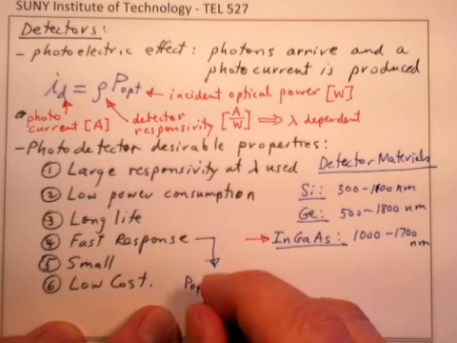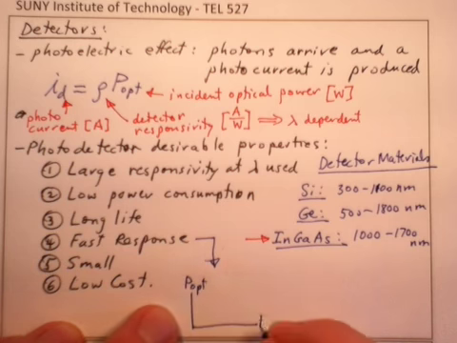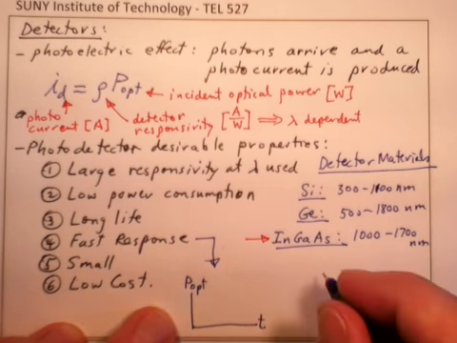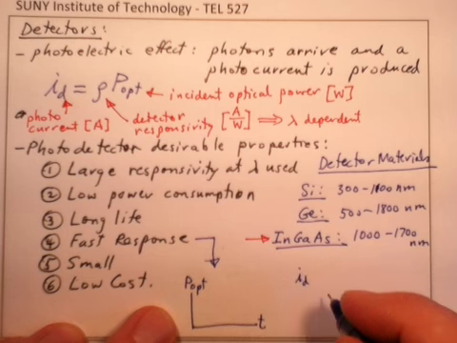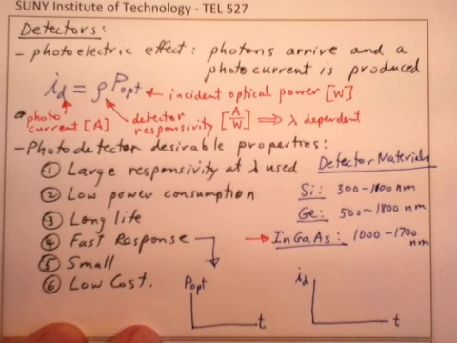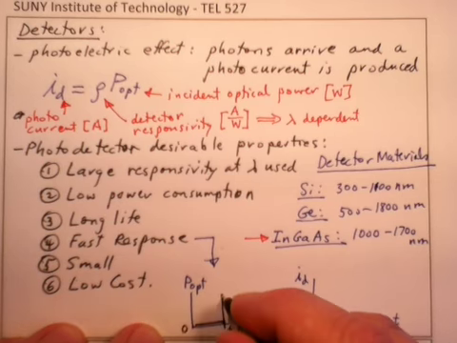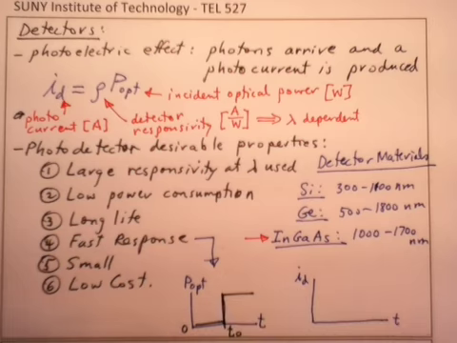For the response, what we're interested in looking at is a plot of the optical power input as a function of time, and then the response of the photocurrent also in time. What we see is that at, say, time t naught, our optical power goes from 0 to some value very suddenly, an ideal step function input.